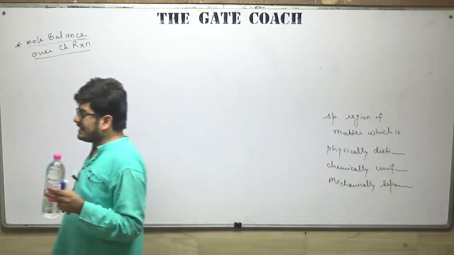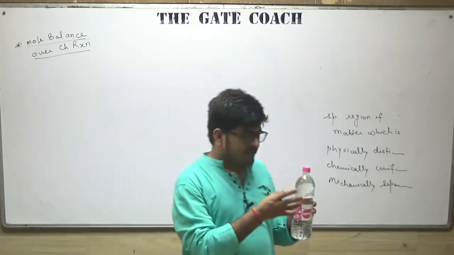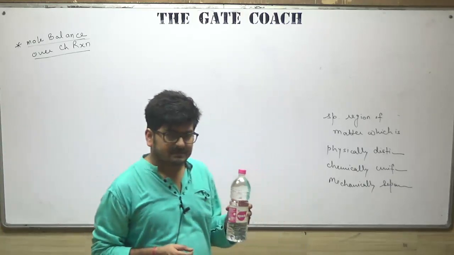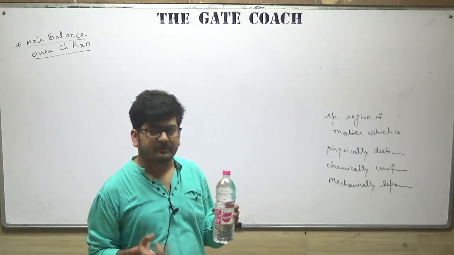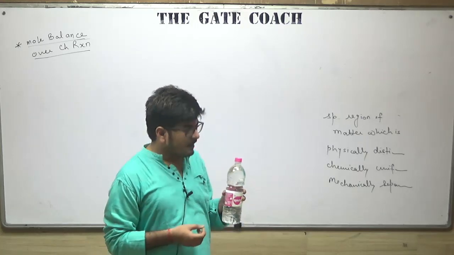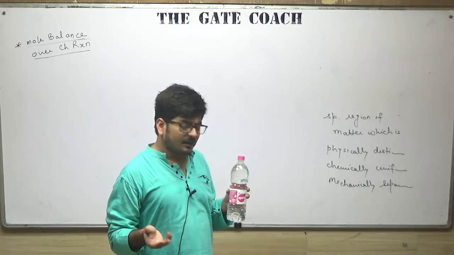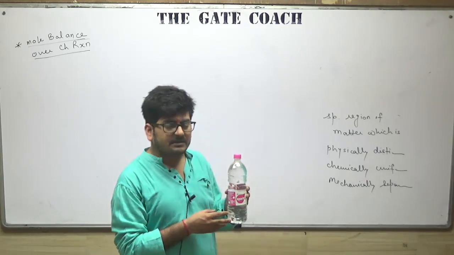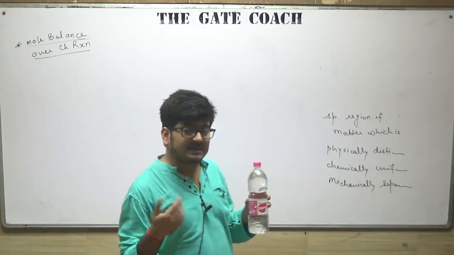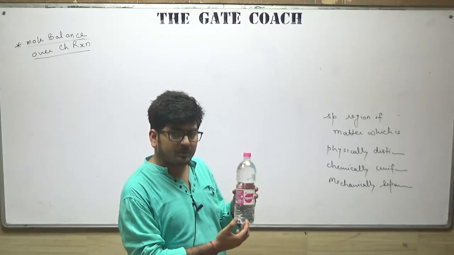Now second scenario, if I add sand particles in the water, then what will happen? We know that sand particles and water are completely immiscible. So when the sand particles enter this bottle, then with your naked eyes you can easily distinguish between the sand particles and the water molecules.